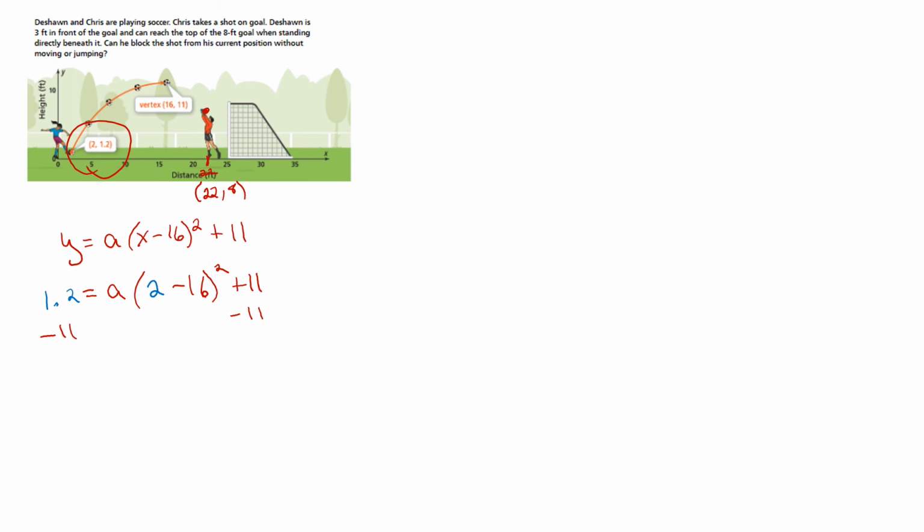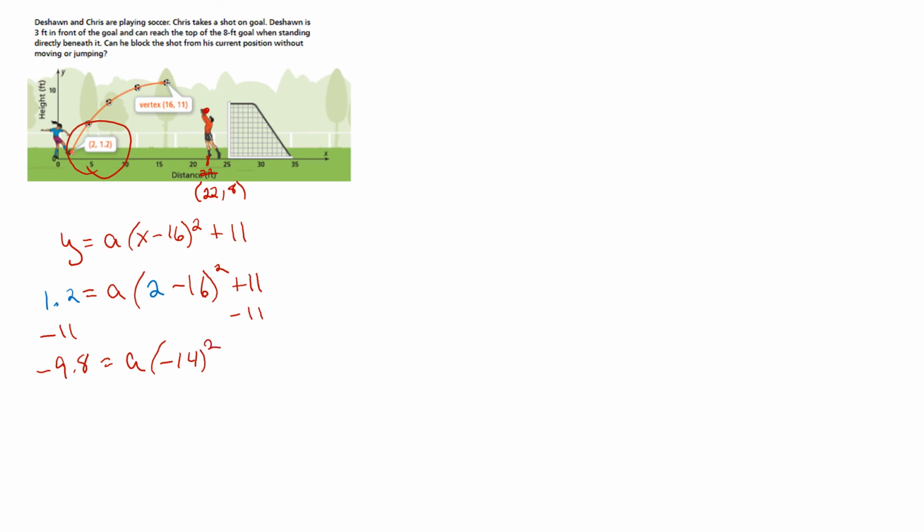So 1.2 minus 11 is negative 9.8 equals a times 2 minus 16 squared. 2 minus 16 is negative 14 squared.